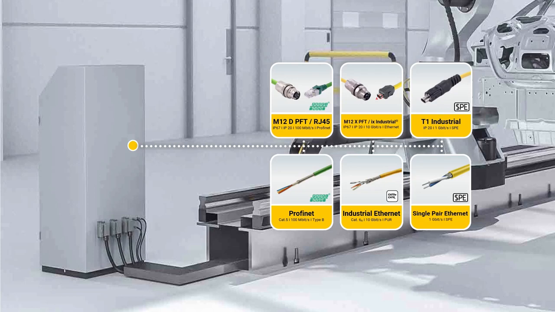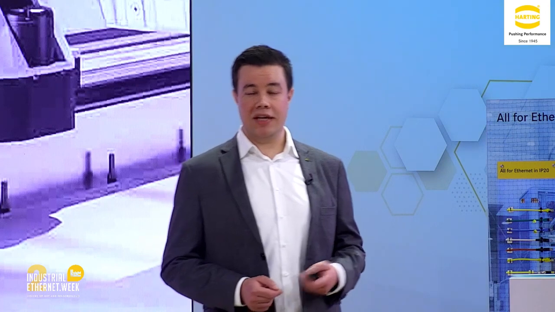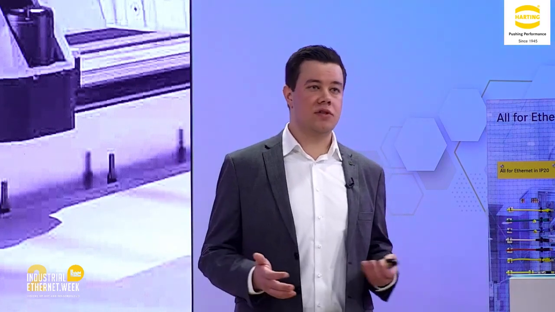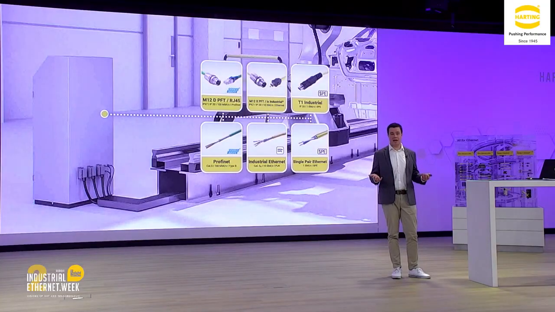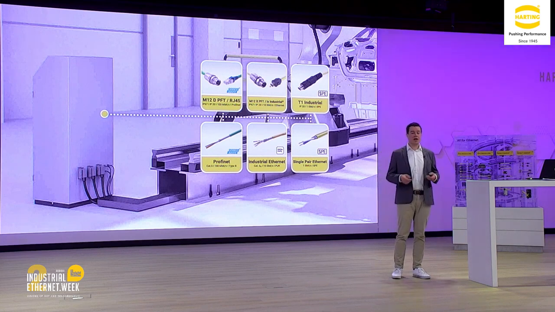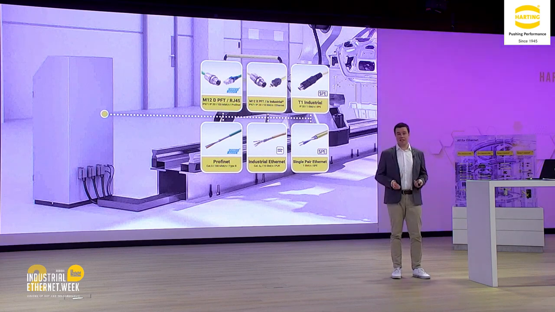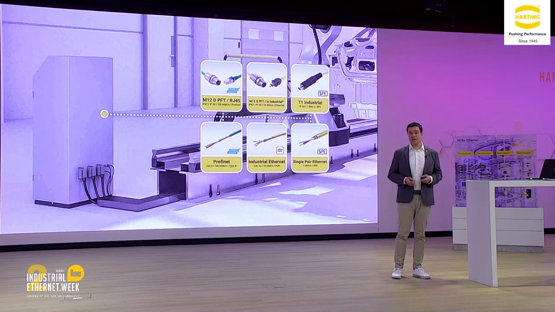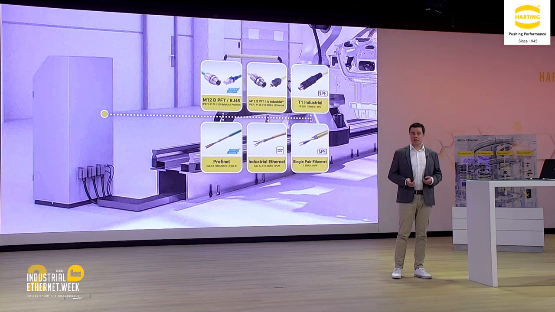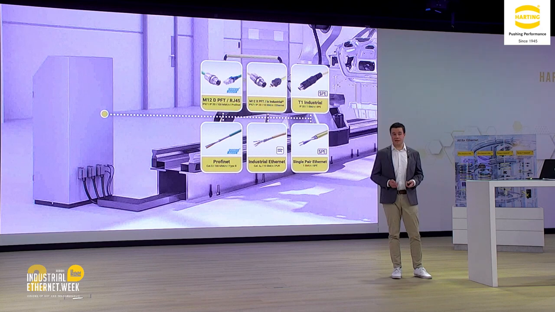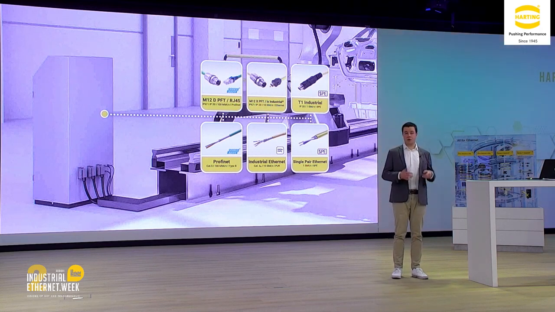Also, we are able to sell ready-made cable assemblies with all the standard interfaces used for this kind of application. Here, in an IP20 area in a switch cabinet, we are talking about RJ45s, IX Industrial, or also single pair Ethernet, which is also in our scope. We also have the possibility to create the interface to the IP65-67 area if we want to go with our cable assemblies from the switch cabinet into the field.